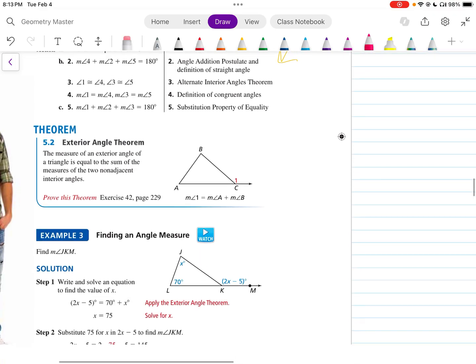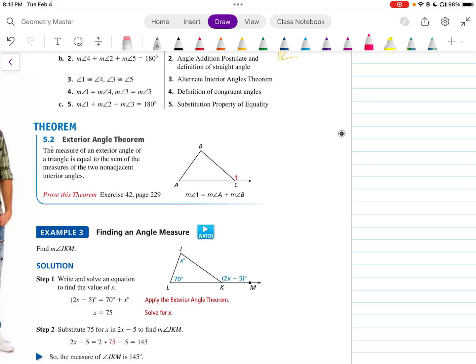All right, now we have another theorem, and this is the exterior angle theorem. And what does it say? The measure of an exterior angle is equal to the sum of the measures of the two non-adjacent interior angles. What does that mean?